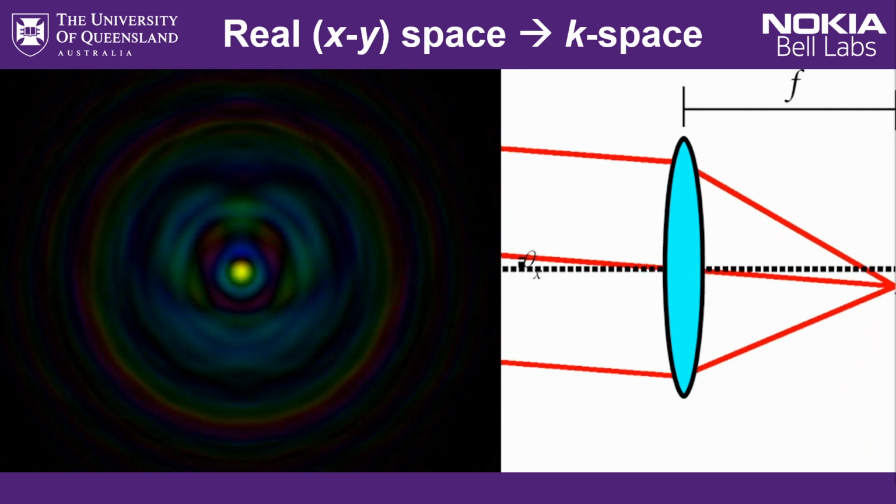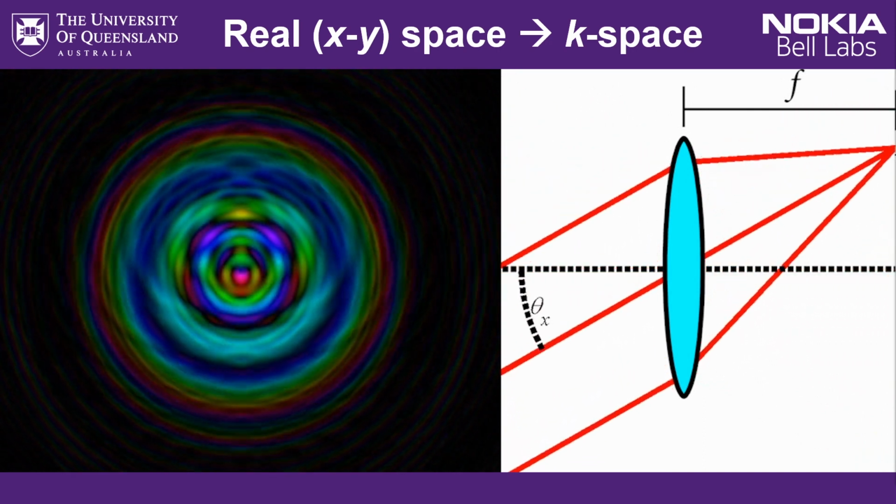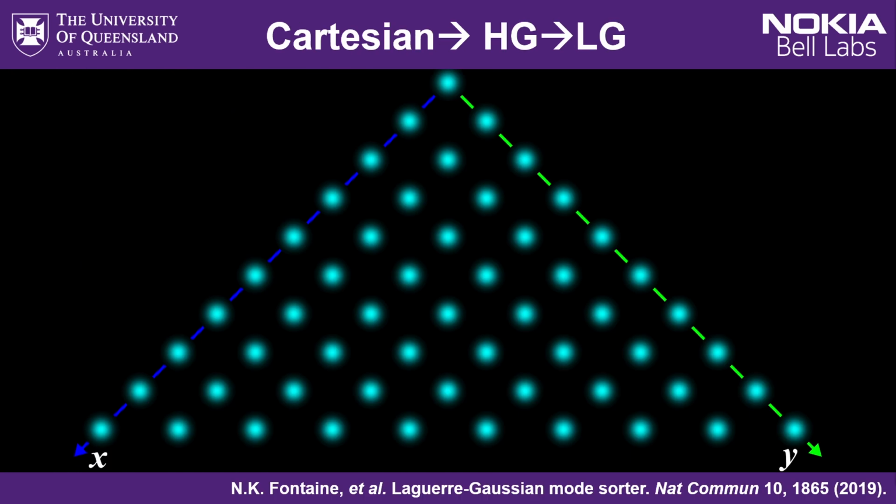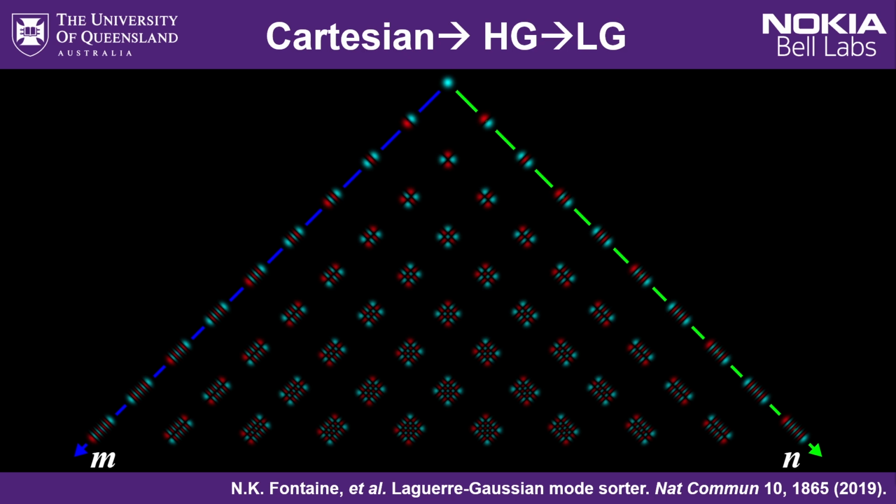And there are other special cases where many modes can be transformed using relatively few planes. It turns out there's another special case of practical relevance, which was only discovered relatively recently, and that's the Hermite-Gaussian mode sorter. If you set up your transformation such that you map a Cartesian grid of spots to the Cartesian indices of the Hermite-Gaussian modes, then you can transform many modes using relatively few planes.